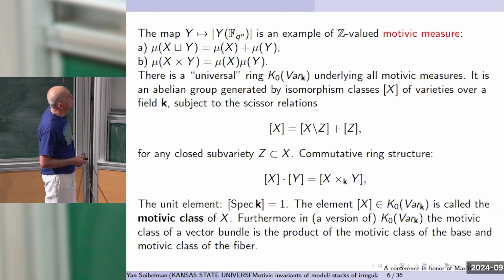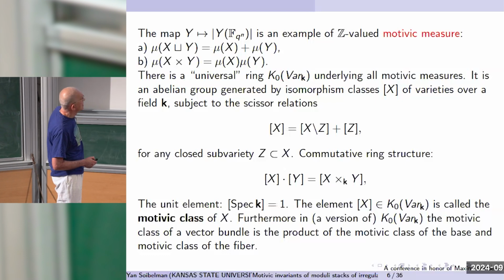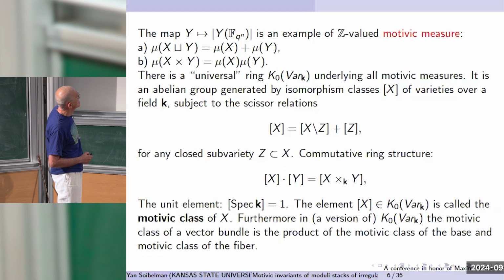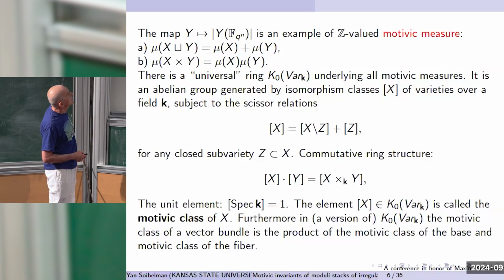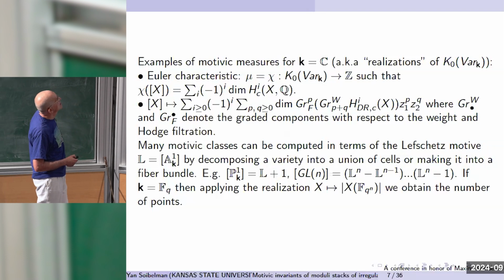There is a version in which the motivic class of a vector bundle is the product of the motivic classes of the base and the fiber. So, this is K0 of varieties. These are examples of realizations.